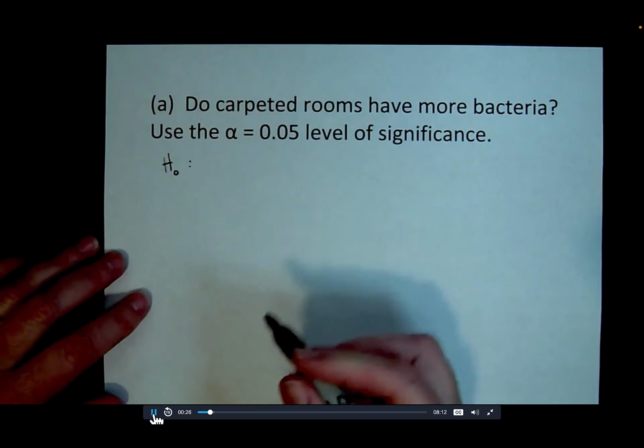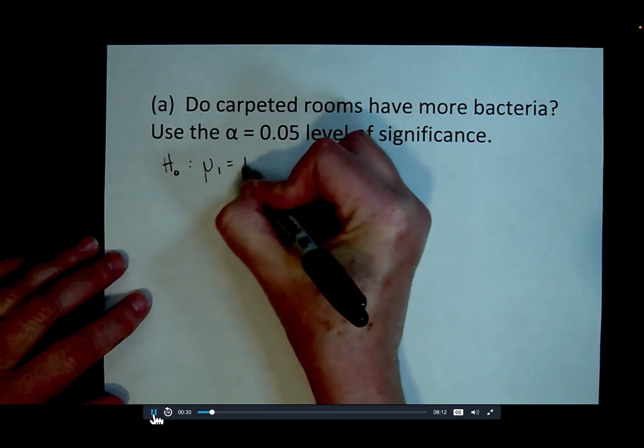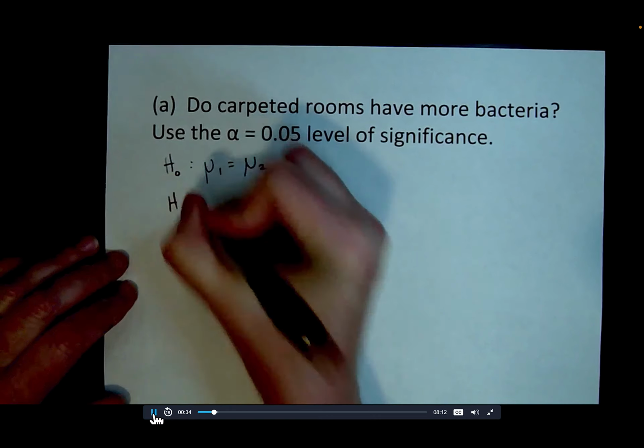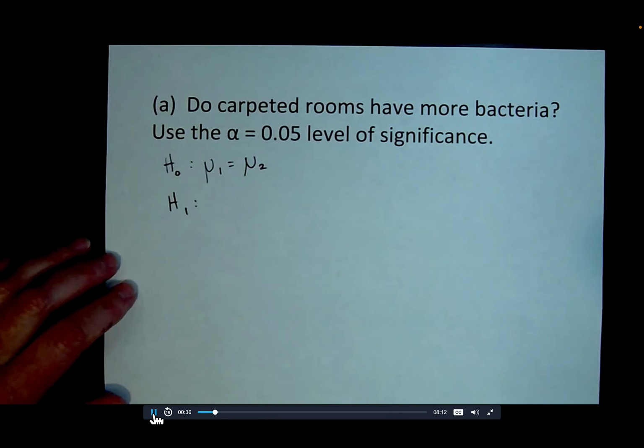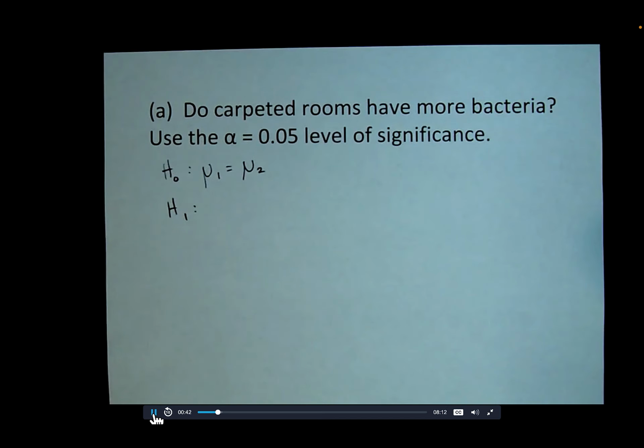Well, the null hypothesis is always that there's no difference between the two populations, in this case the two population means. Our alternate hypothesis, do carpeted rooms have more bacteria? Let's see, I've forgotten which population was which.